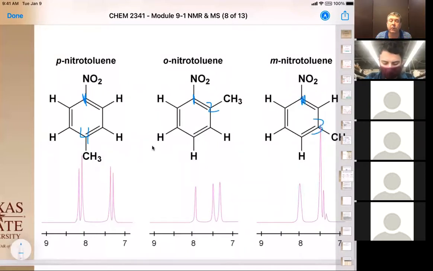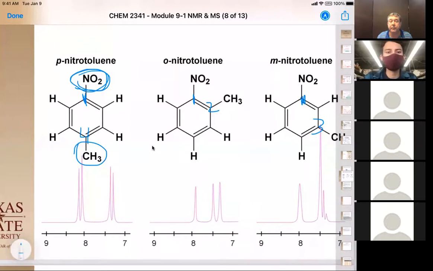Like I said before, if we have a difference in electron withdrawing ability of the two groups here, we get this nice doublet of doublet peaks, always. The amount they shift changes depending on what the groups are, but we always get this doublet of doublets.